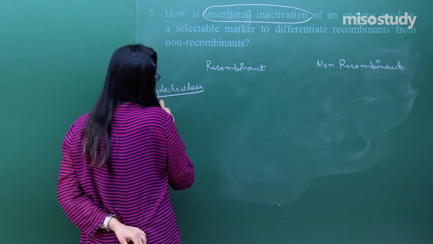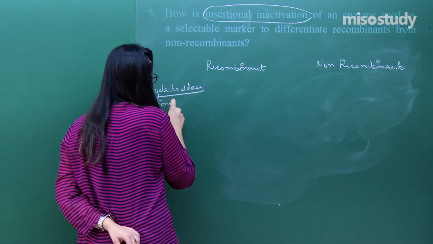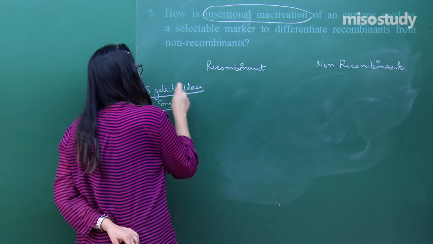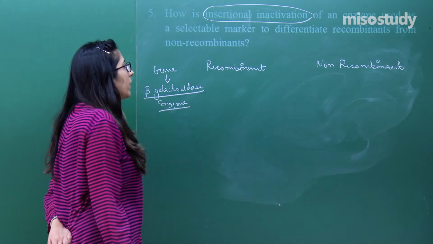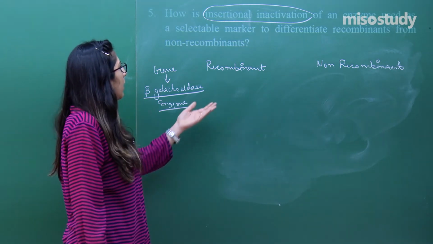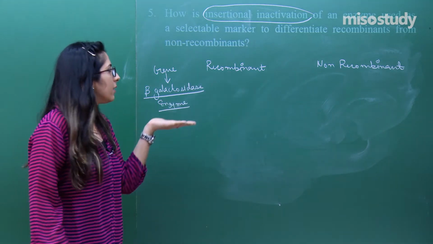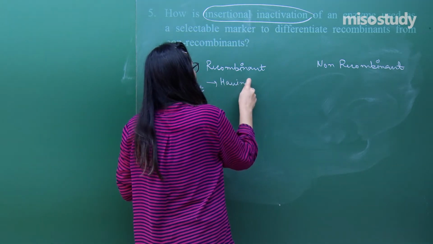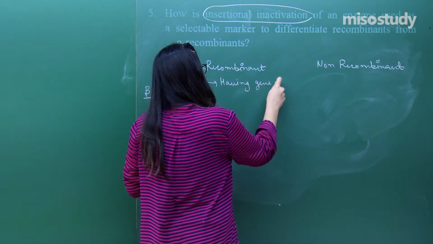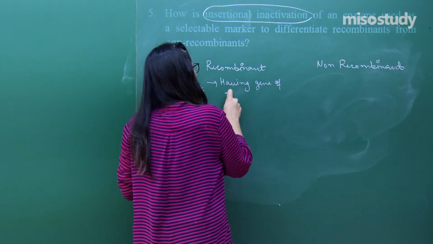Beta galactosidase enzyme is there and definitely that is coded by a gene. So, when we talk about the recombinant, that means they are having the gene of interest.